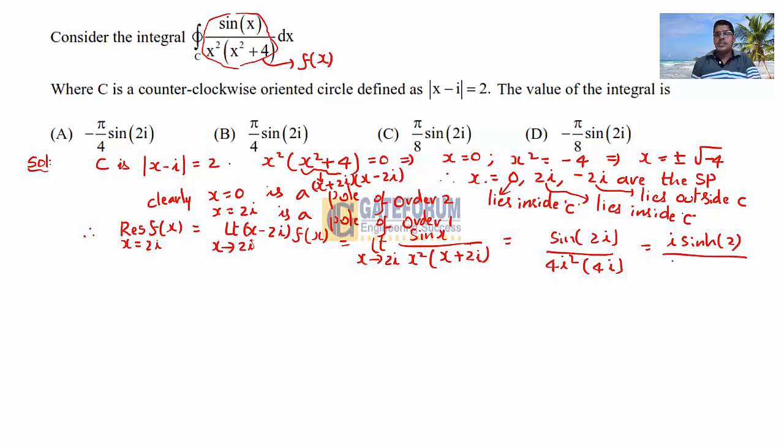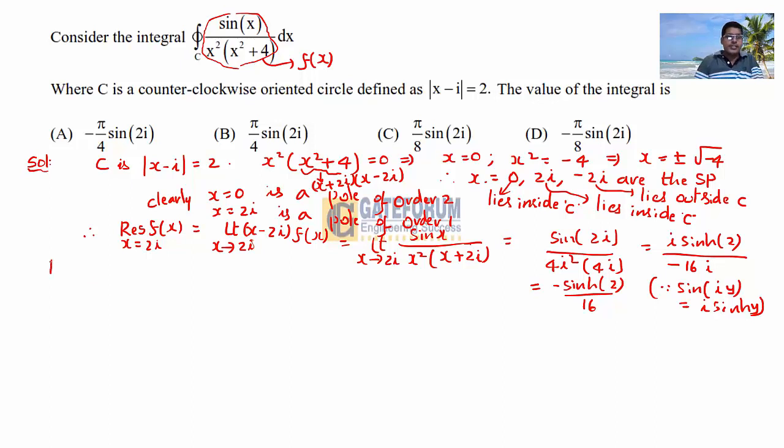So this is minus 16i. I can cancel i. So sinh of 2 with minus divided by 16. Then sin iy, where y is a variable, is i sinh y.